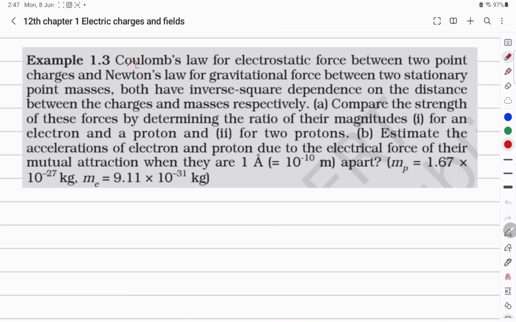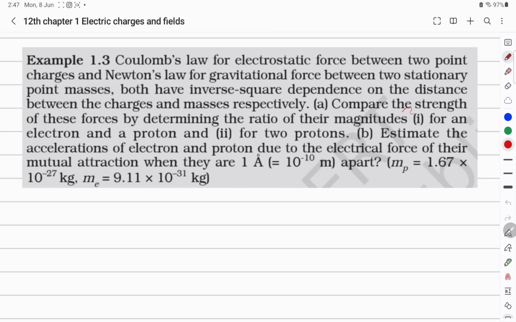So, Coulomb's law of electrostatic force between two point charges and Newton's law of gravitation force between two stationary point masses both have inverse square dependence on the distance between the charges and masses respectively.